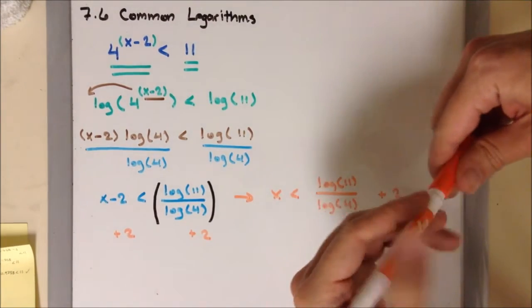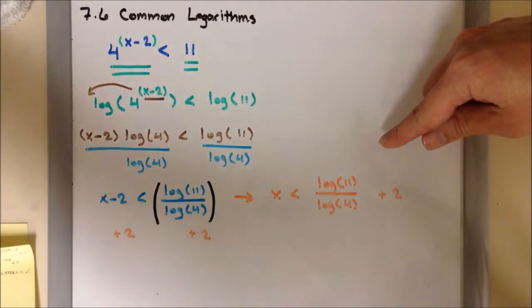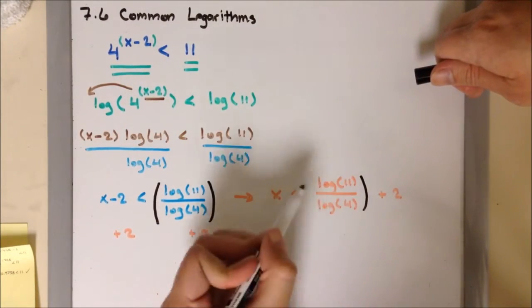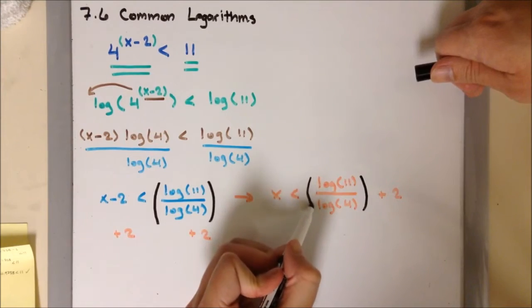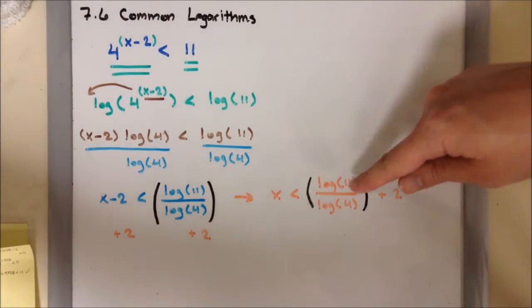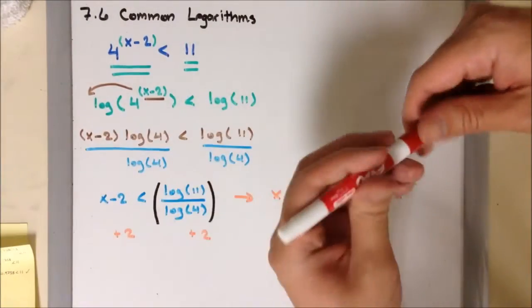But remember, my log is in parentheses. So let me put in the big parentheses, so that way the 2 is separate from this log. And that would be my final answer.